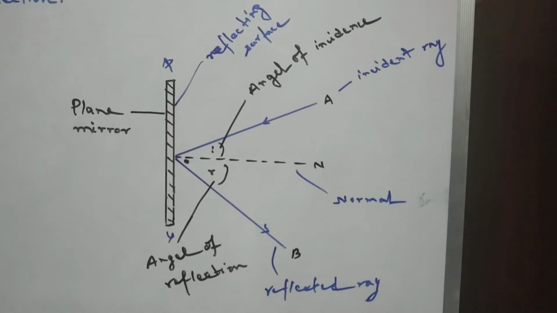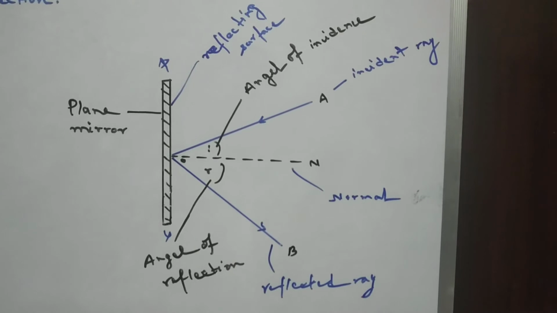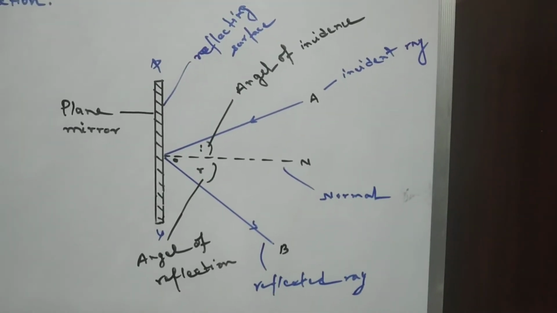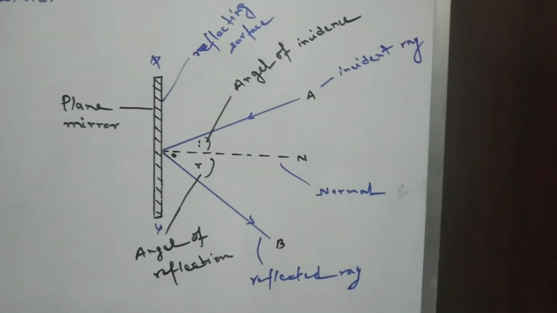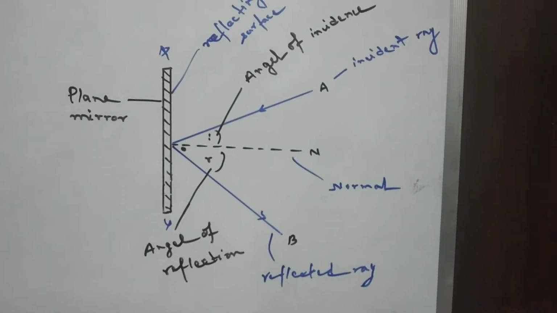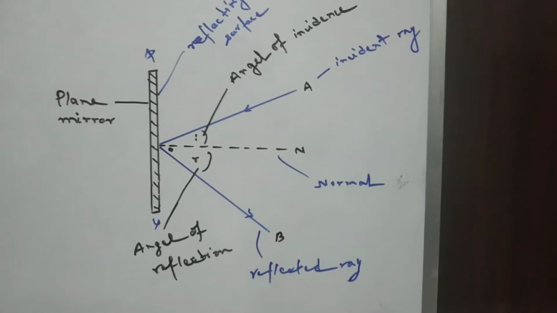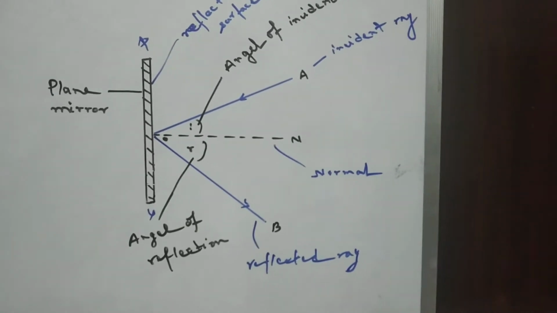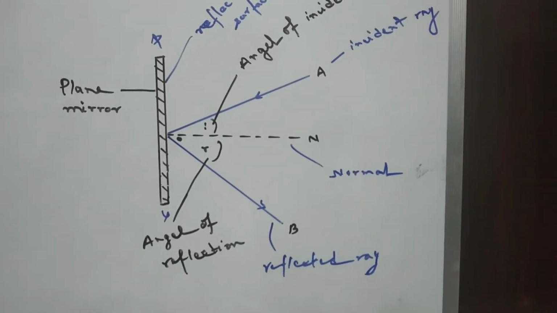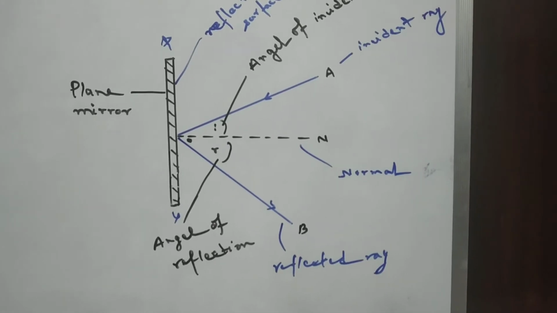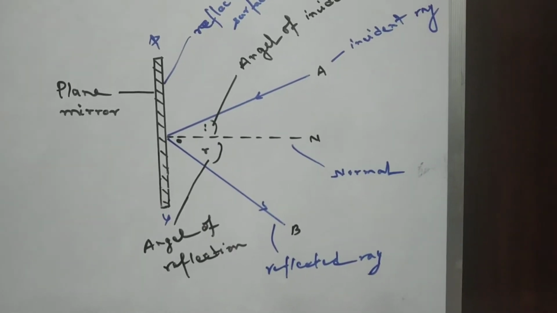Suppose it is ON. That perpendicular line will be known as normal. Now from the point O, the ray will be reflected, and suppose the reflected ray is denoted by OB.